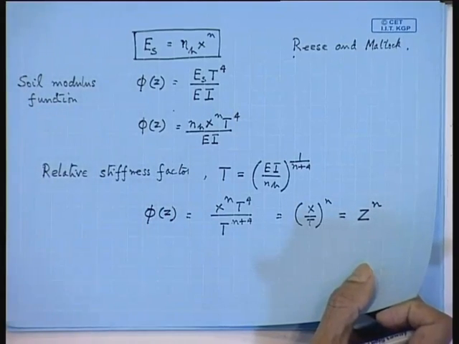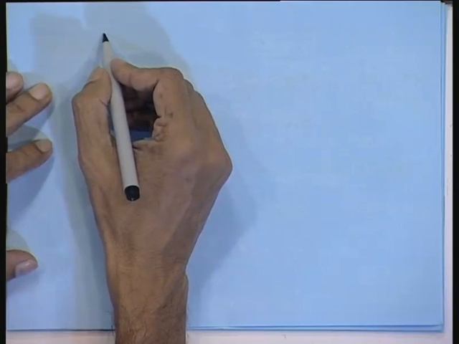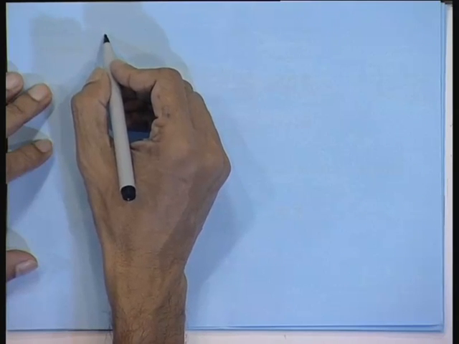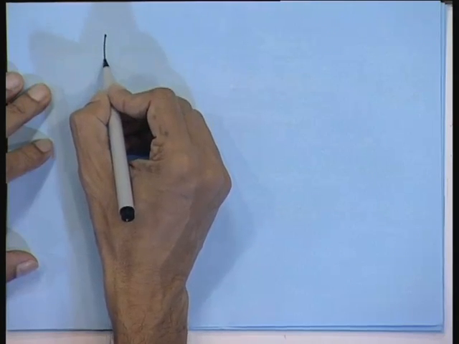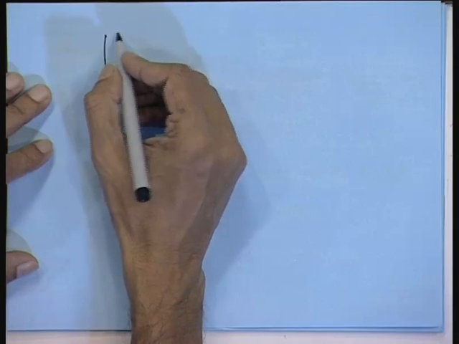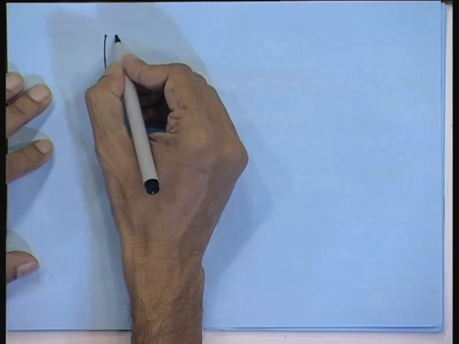Now, let us come back to the partially restrained pile head which we were analyzing. Now, if you look at the jacket platform, say this is the pile. So, pile has gone inside the jacket. Actually, I should have drawn a dash line.